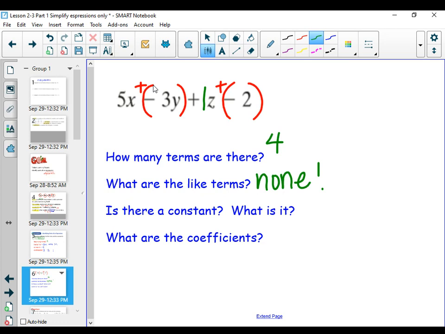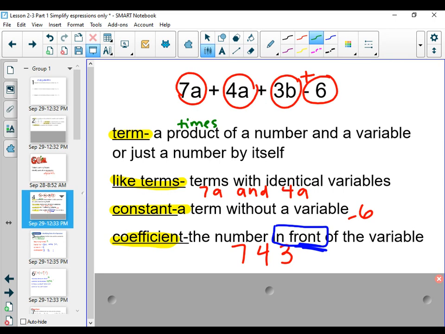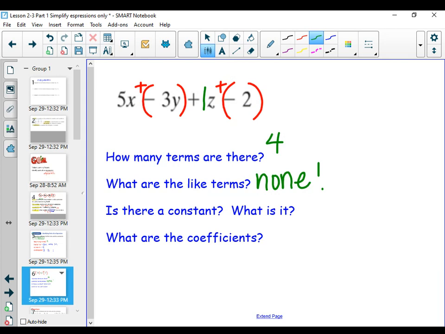Is there a constant? I can't remember what a constant is. I should look back at my notes. Oh, no variable. Is there one? Yes. What is it? Negative 2. What are the coefficients? Numbers in front of a variable.